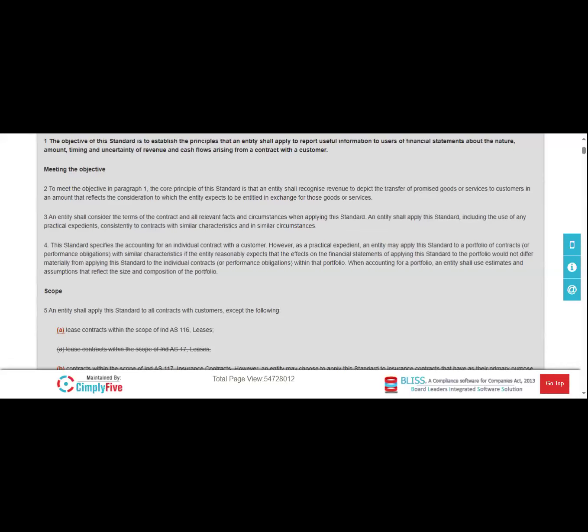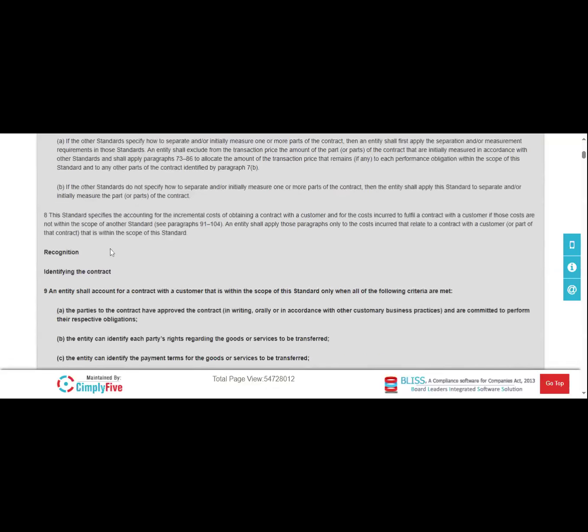That means in a contract, whatever they mutually decide about the promised goods or services to be transferred to customers, if the customer gets those goods and services, then the customer is liable to pay the price for that product.